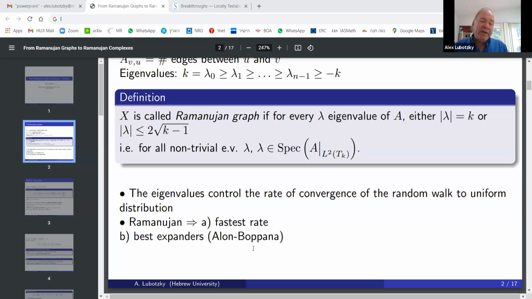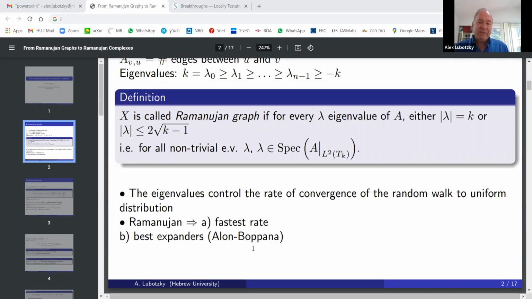Now, bounding eigenvalues is very much related to a very important and well-known subject in computer science, which also started to have quite a bit of applications in pure mathematics, which I will not talk about today, called expanders. So Ramanujan graphs are somewhat optimal expanders.